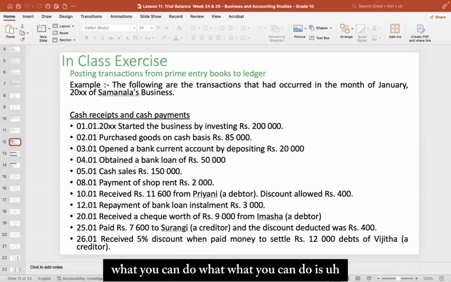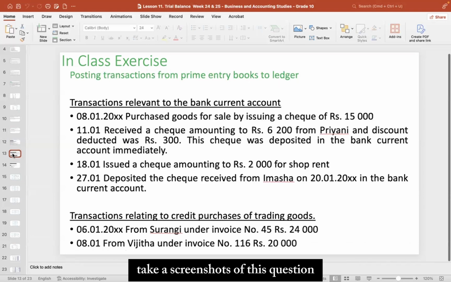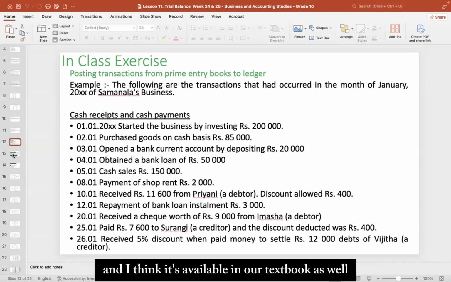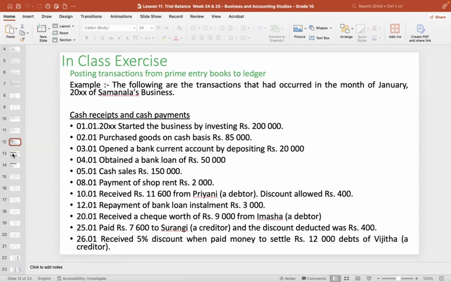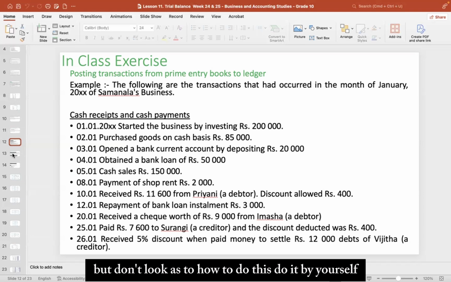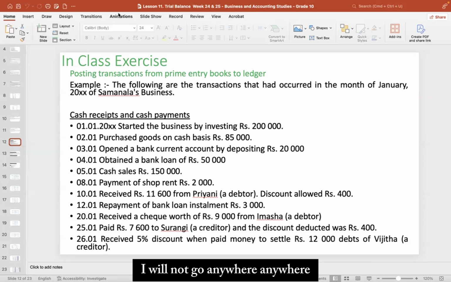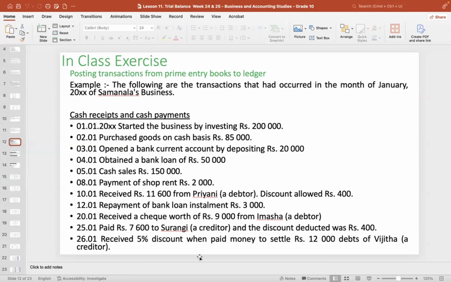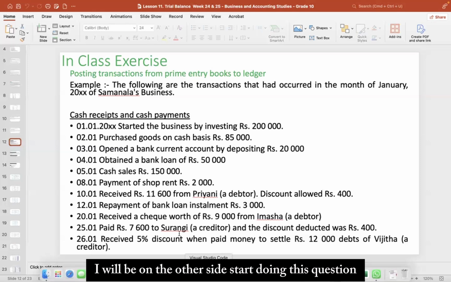You can take screenshots of this question, and I think it's available in your textbook as well. But don't look at how to do this. Do it by yourself. I will be on the other side, and if you have any question, I will not go anywhere.